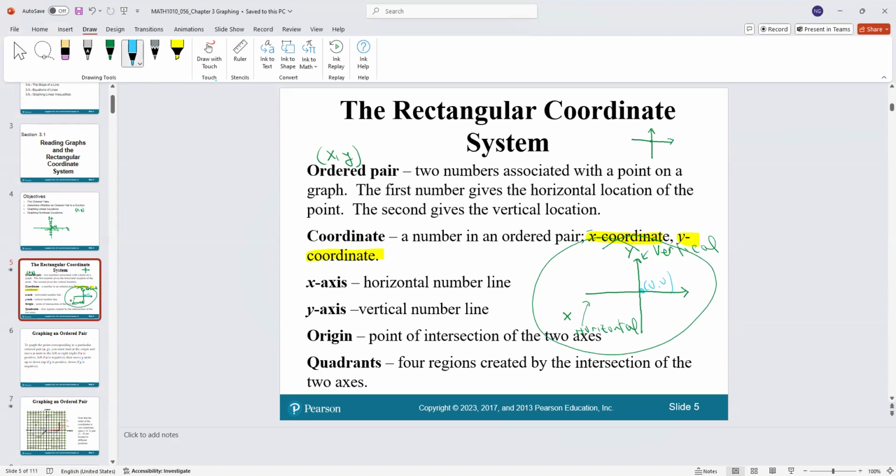When they cross, it creates four different sections. If you put it in a box like this, you will see there are four sections. If you go counterclockwise, this is one, this is two, this is three, and this is four.